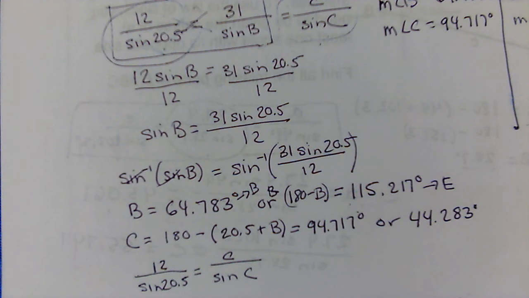So my answer for the first C was the 94, so I'm going to store that into C. And then the second one was the 44, and I'm going to store that into F.